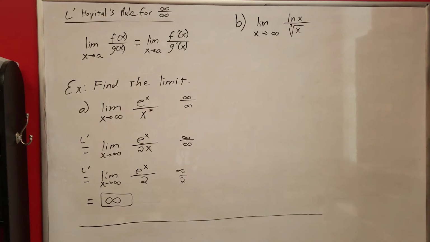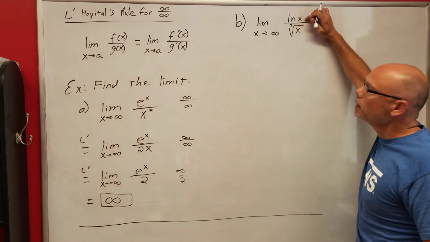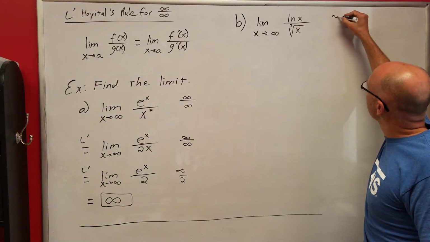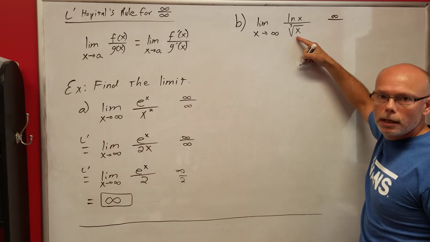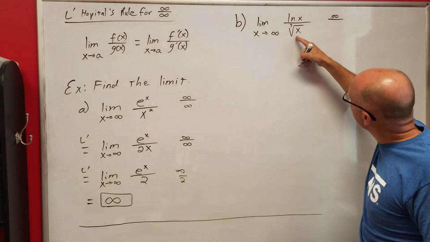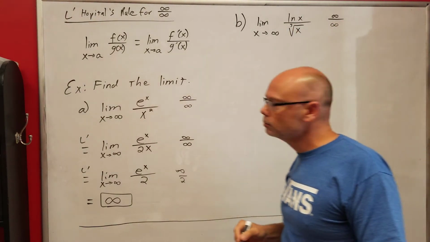I need to figure out what's going on first, okay? As x goes to infinity, the natural log keeps getting bigger and bigger and bigger. So it goes off towards infinity. How about this part right here? What if x goes to infinity and I take the cube root of it? It doesn't matter. If it keeps getting bigger and bigger and bigger, the whole thing goes off towards infinity.